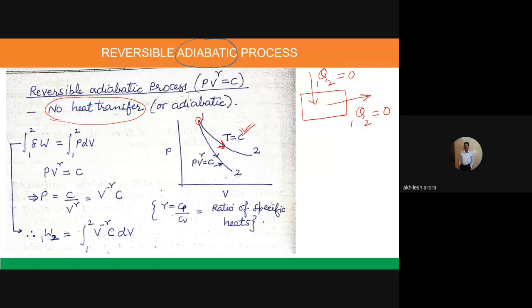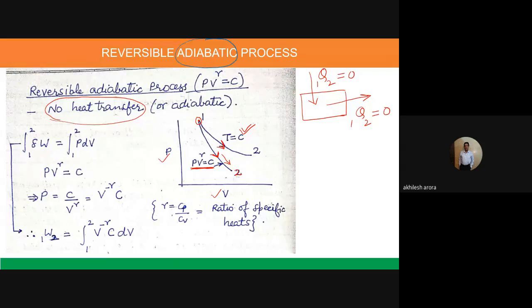If I draw or plot PV raised to power gamma is equal to constant, which is a reversible adiabatic process, in that case it follows this particular path from 1 to 2. So this is the path for the reversible adiabatic process. That means a reversible adiabatic process has a steeper slope. The slope part we will discuss later on. For the time being, I have drawn both the processes on the PV diagram so that you don't have any problem in understanding later on.